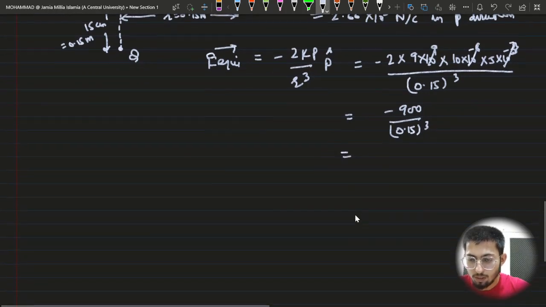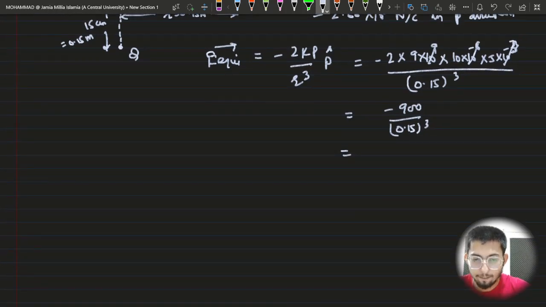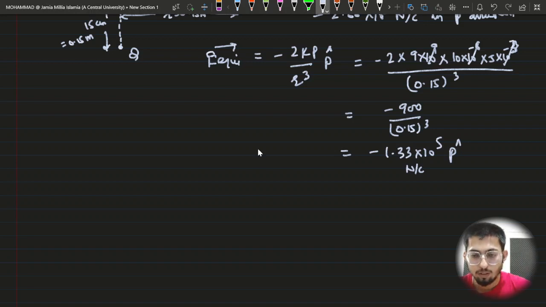And what will you get solving this? 1.33 into 10 to the power 5 in the p unit vector, right? This is Newton per coulomb. So this is the answer. These are some questions on this.